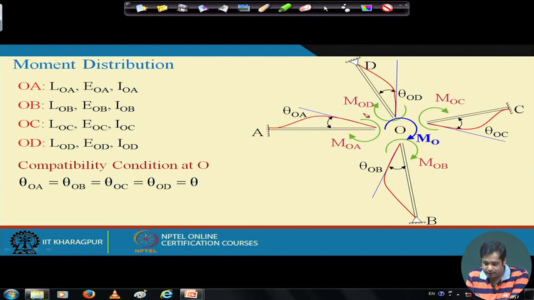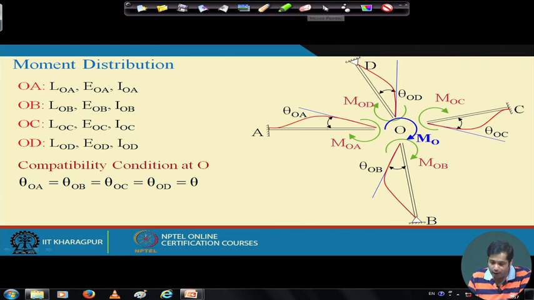Similarly, MOD is the portion of the moment that gets transferred to OD, and similarly MOA is the moment in OA, and MOB is the moment in OB. Okay. Since we are only concentrating on the distribution of moment, in this diagram only the moments are shown; all the shear forces and axial forces are not shown in this diagram.